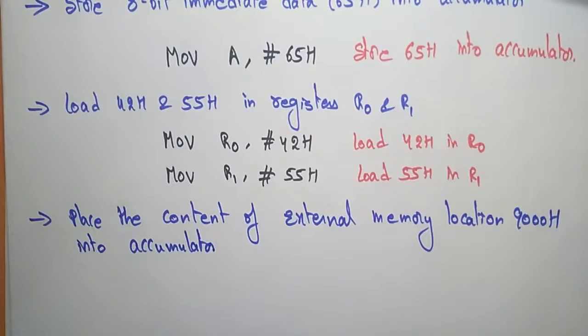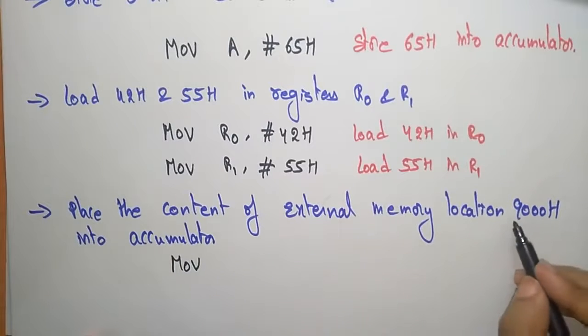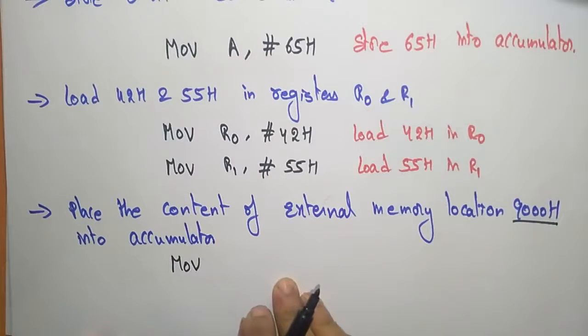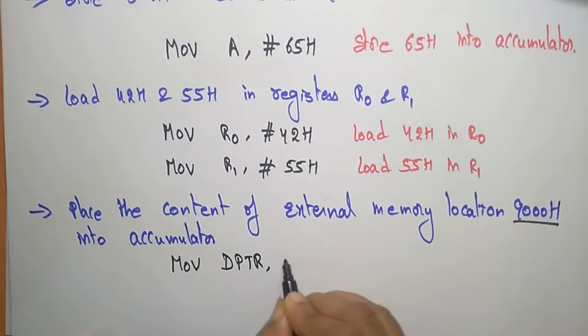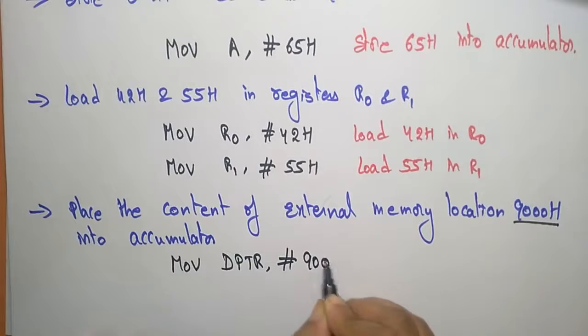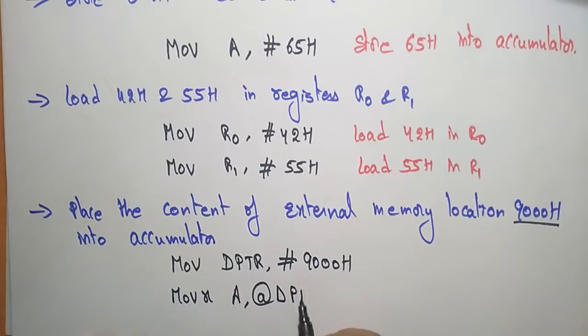For this you need to write: first, whatever the external memory location is, that has to be moved into the data pointer, MOV DPTR, #9000H. After that you need to write MOVX A, @DPTR.